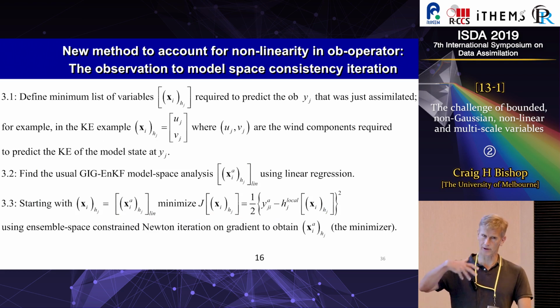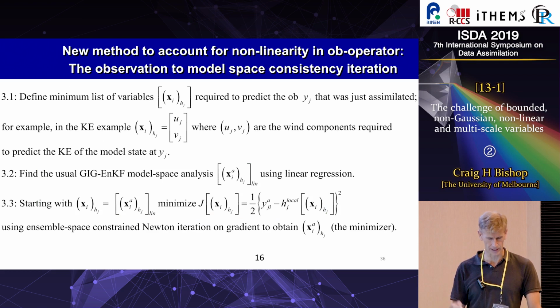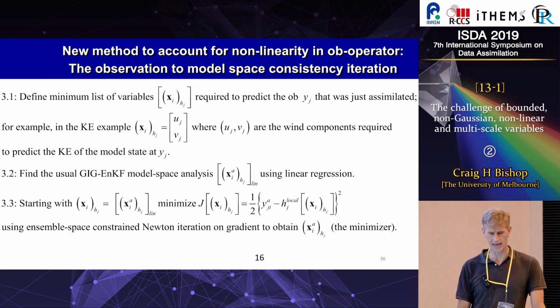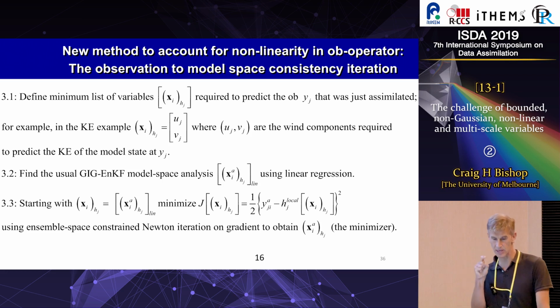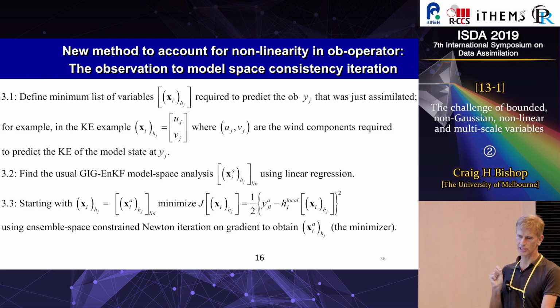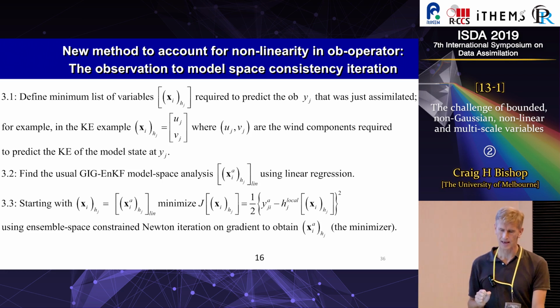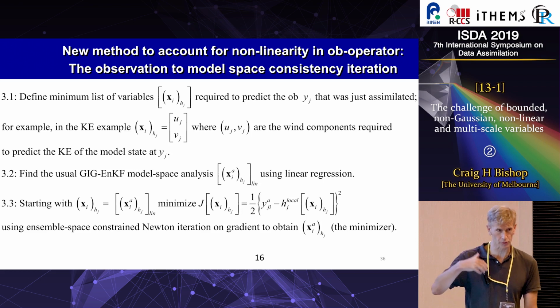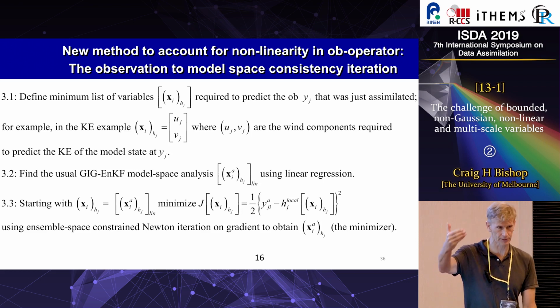So in this serial framework, I'm going to borrow ideas from Fordyvar. For any observation, Hj is the nonlinear operator associated with the jth observation. There is a minimal list of variables required to predict the observation.